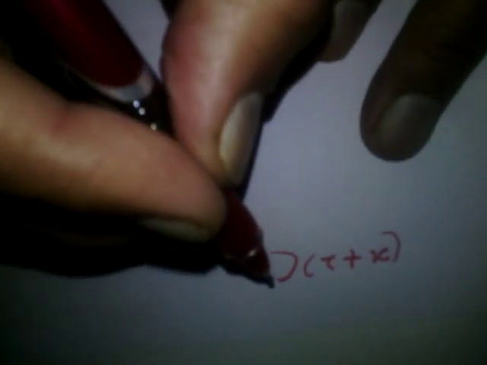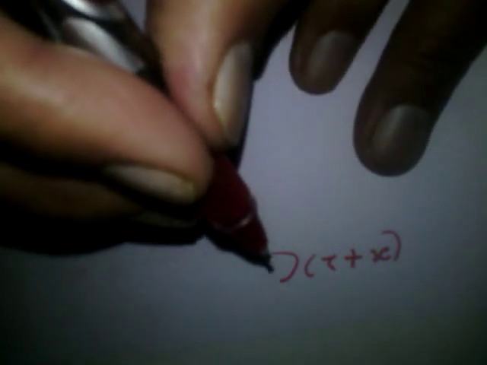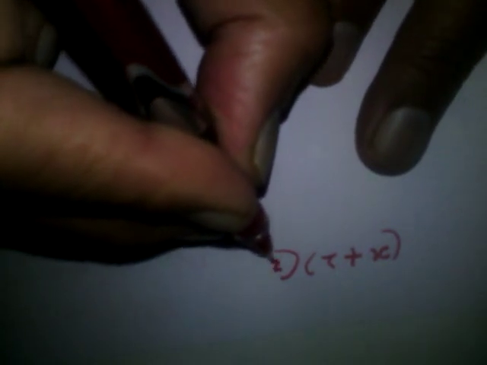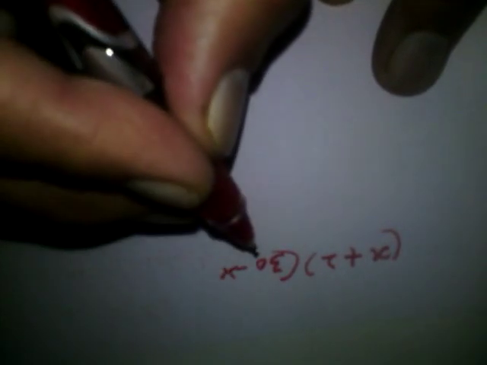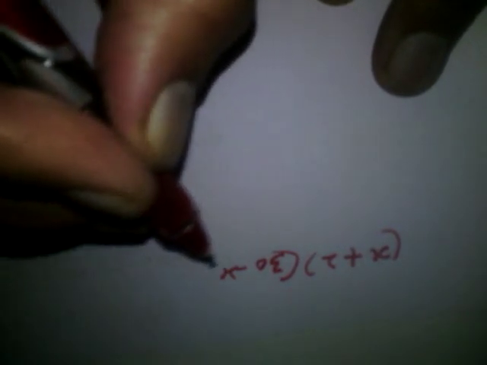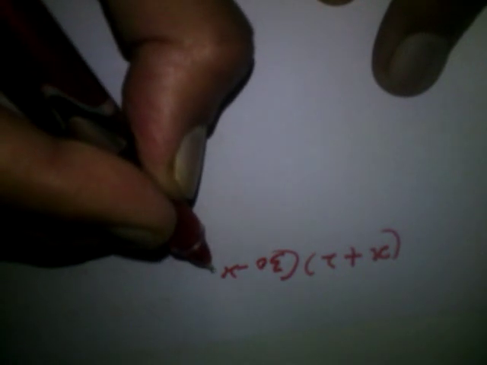So this becomes (x plus 2) into (y minus 3), where y is 30 minus x, so (30 minus x) minus 3 is equal to 210.